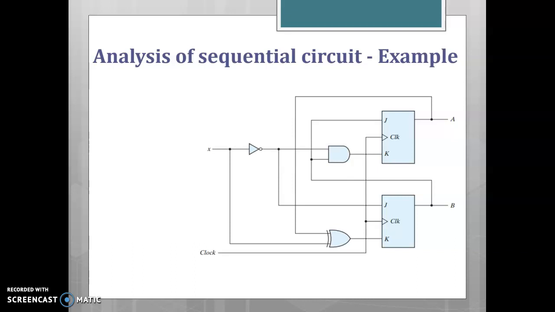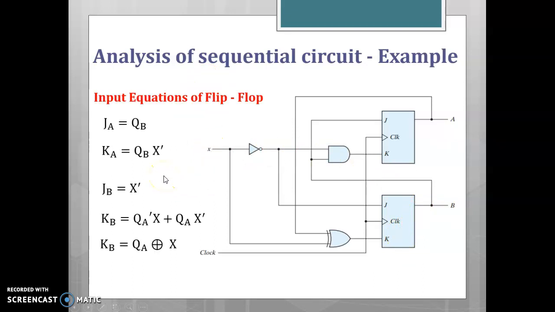This circuit consists of two flip-flops A and B. The inputs of the first flip-flop are JA, KA, and the output is QA. For the second flip-flop the inputs are JB, KB, and the output is QB. The input of the sequential circuit is X. Starting with the flip-flop input equations, JA is nothing but QB, and KA is the AND of QB and X bar.